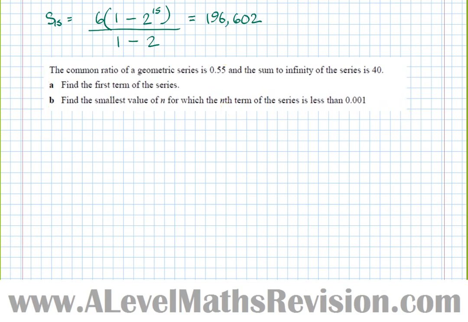So the common ratio of a geometric series is 0.55 and the sum to infinity of the series is 40. Before you even read the rest of the question, I would write that down in maths. So take a moment, write down that information using mathematical notation. You might look back up at your formulae.